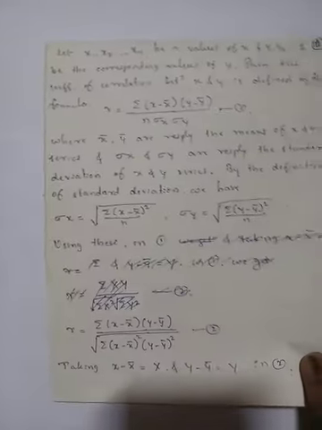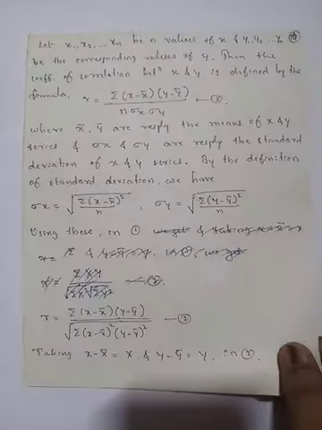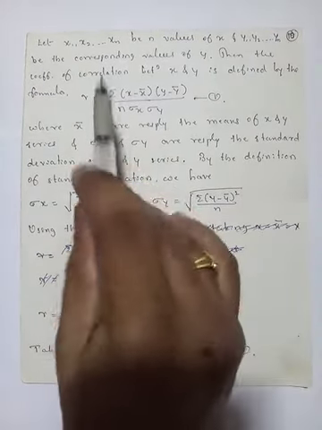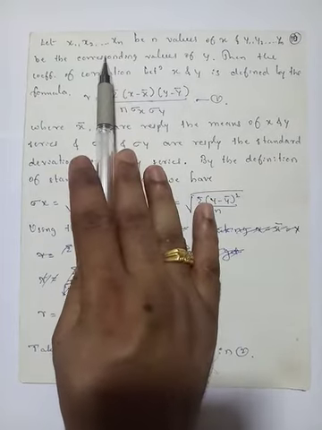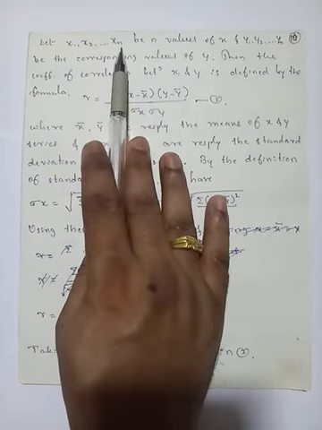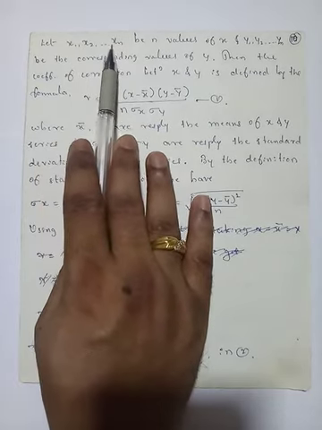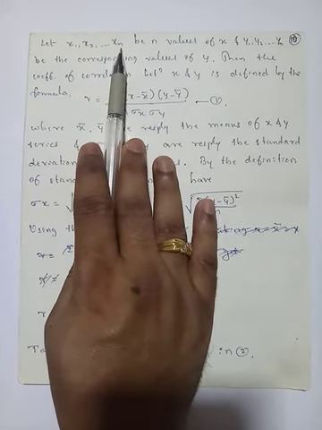Now we are going to discuss how we find the coefficient of correlation, that is r. In the problem, the set of values of x and y will be given. These are x1, x2, and so on up to xn, the values of x.